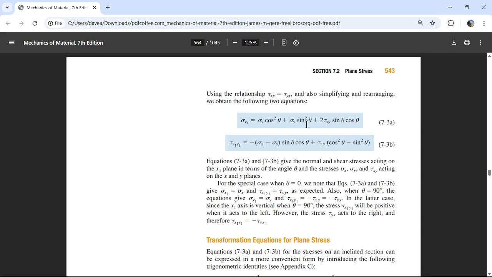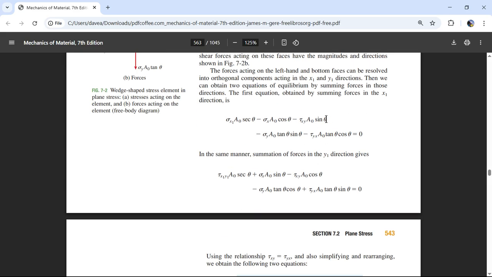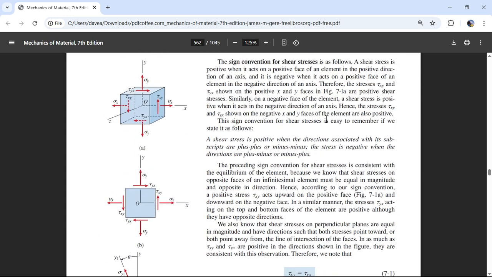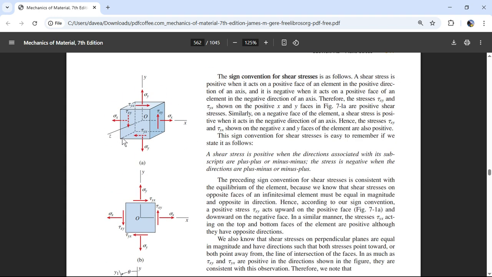So you'll be using these equations. You're just going to throw in some tension or compression in the x, tension or compression in the y, and some positive or negative shear. And in positive and negative shear, we talked about what a positive face is, but it's also from chapter 2: if you take your little square or your little cube, it's a good idea to put your axes right here.